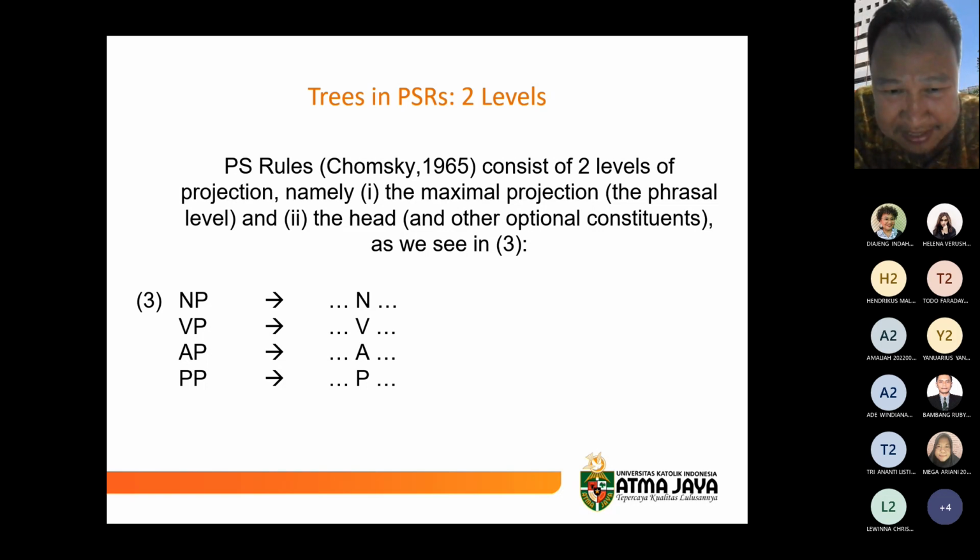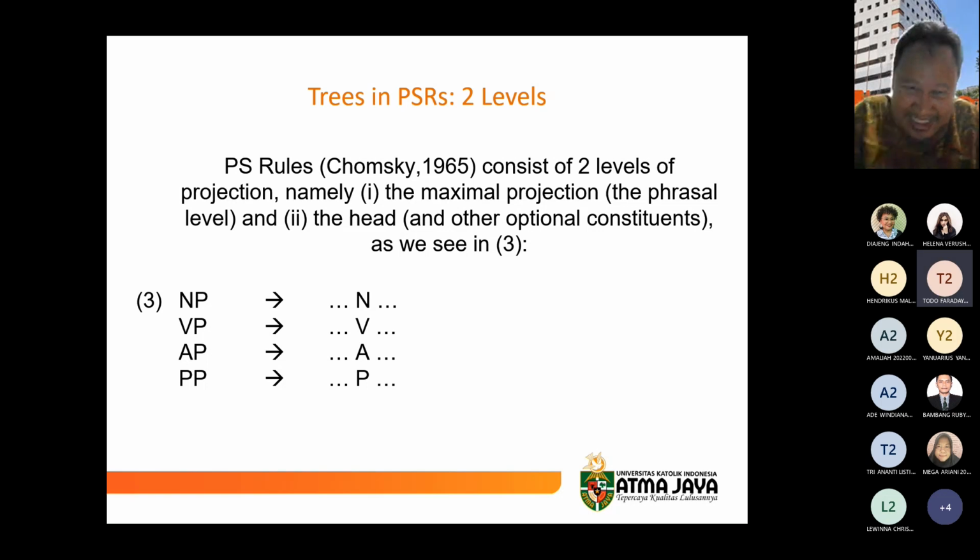NP must consist of at least an N, VP at least a V, AP at least an A, and PP at least a P. Is number 3 understood?